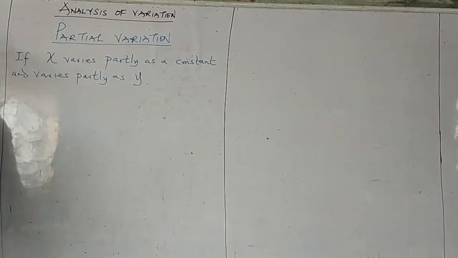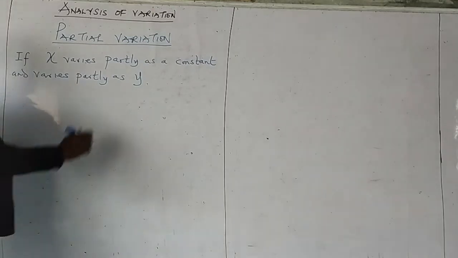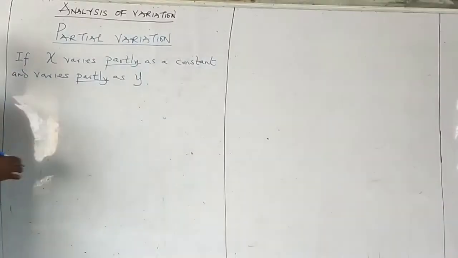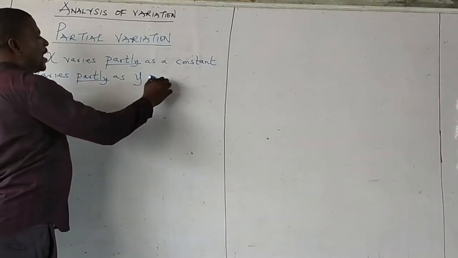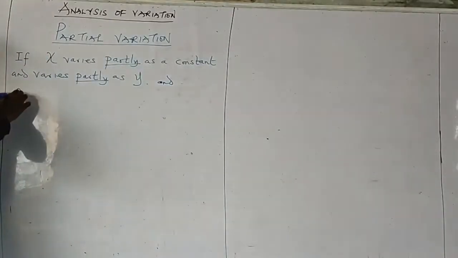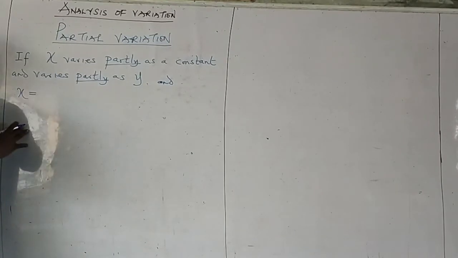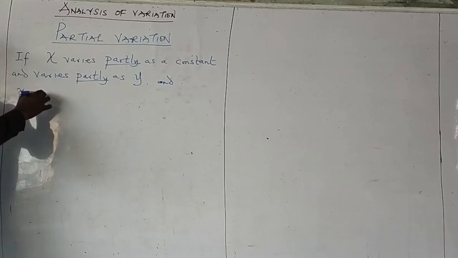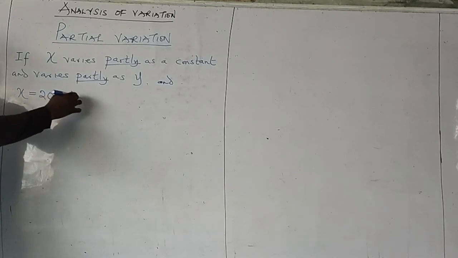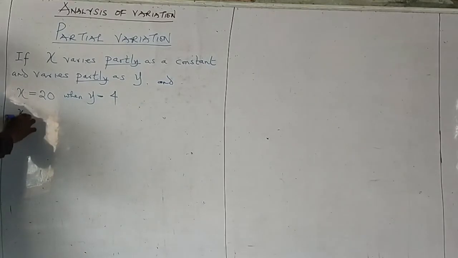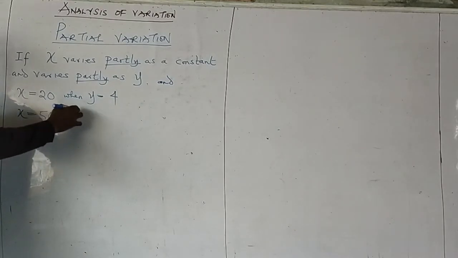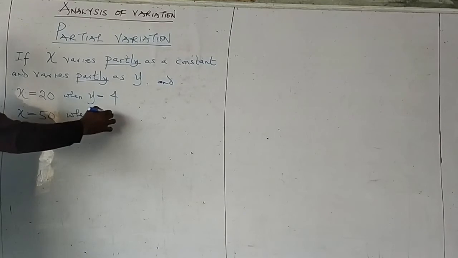Look at this. How do we know it is partial variation? You see the word partly. And they'll now give you maybe x is 20 when y is 4, x is 50 when y is 2.